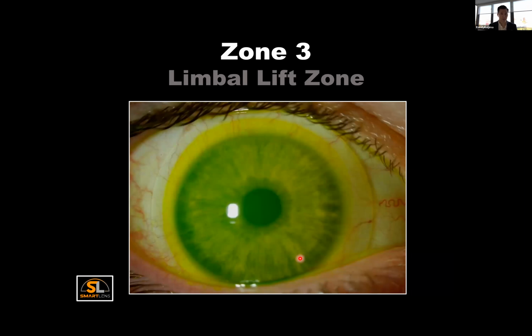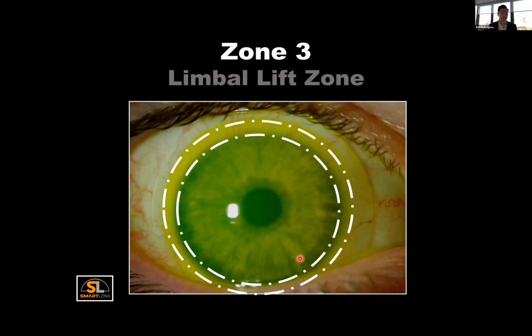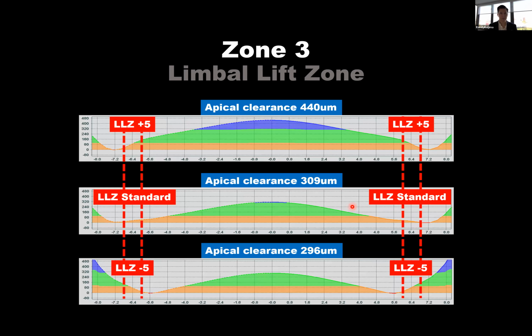Now, the third zone in the lens is very important in that it's going to allow us to clear the limbus and protect those sensitive limbal stem cells. So we want to see the lens vaulting through the peripheral cornea and limbus, and we use this zone to raise the lens up if you have landing at the corneal border or at the limbus.